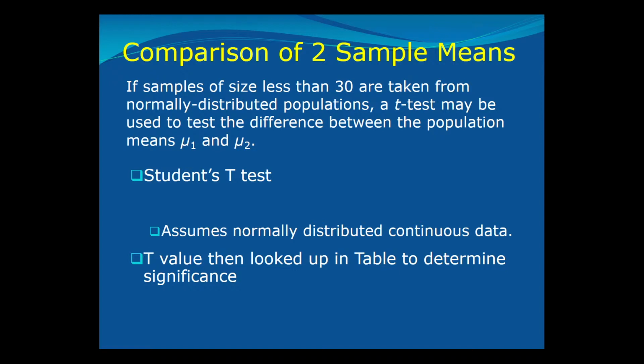If we have a normally distributed population, we should use the method which is called Student's t-test. It assumes we have normally distributed continuous data.